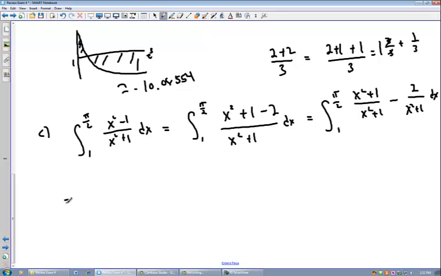And so that's equal to the integral from 1 to pi over 2 of 1 minus 2 over x squared plus 1 dx. And I can integrate 1, the integral of 1 is x, minus 2 times, and the integral of 1 over x squared plus 1 is simply tan inverse of x. And I'm going from 1 to pi over 2.